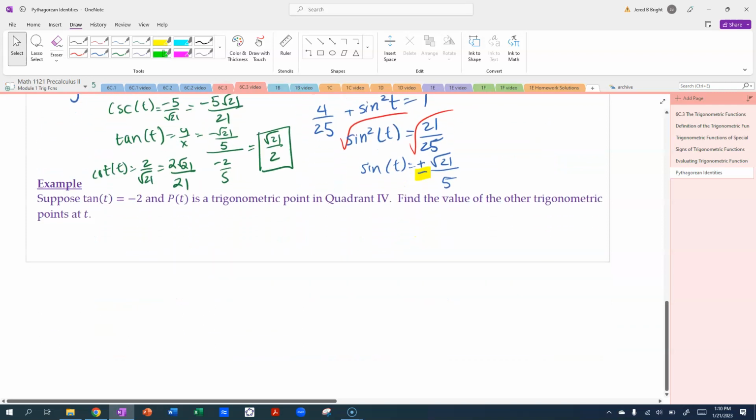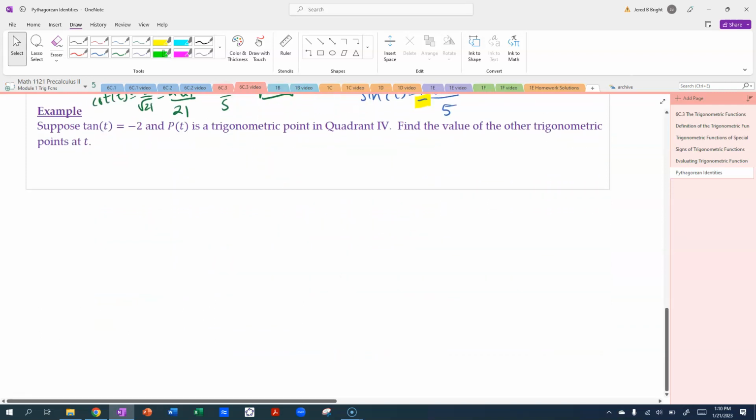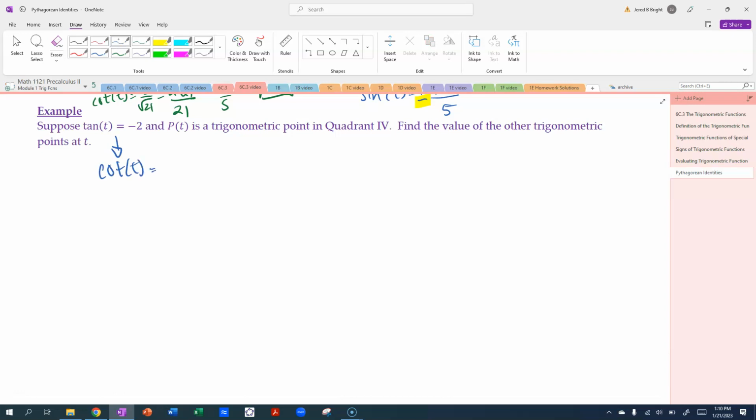Okay. Next one, we were given tangent. I want to find the other ones. Well, okay, if I have tangent, right, I can get cotangent. Cotangent of t is just the reciprocal, -1/2. Okay, but I still need sine and cosecant, and I need cosine and secant.